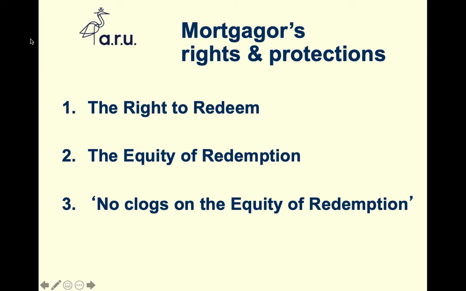So the right to redeem really is that right to pay off the debt and take the property back free of the bank's interest. The equity of redemption being the borrower's equitable right to redeem it as a property, and the right to have any equity that comes from the sale of the property were anything to go wrong.